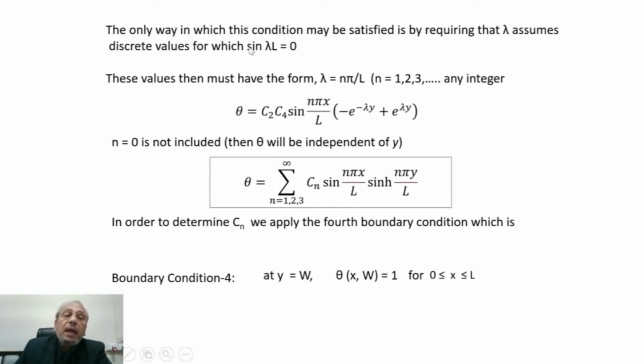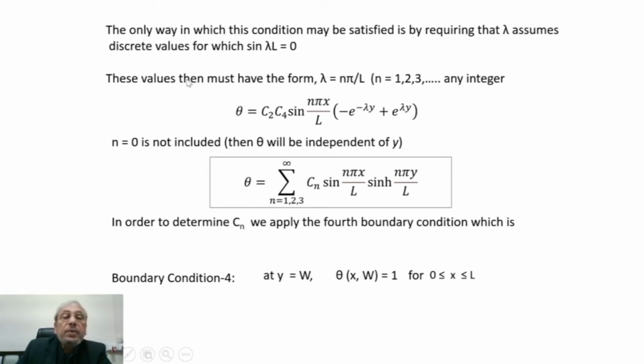One way in which this condition may be satisfied is by requiring that lambda assumes discrete values for which sine lambda L equal to 0.